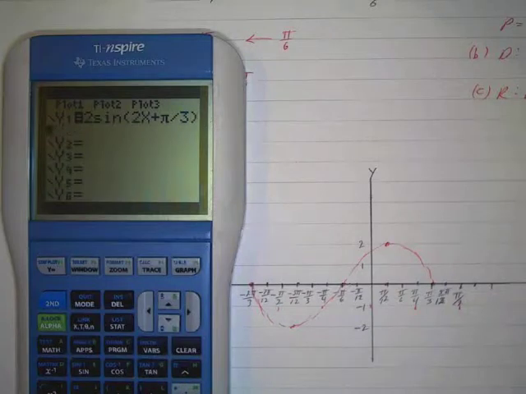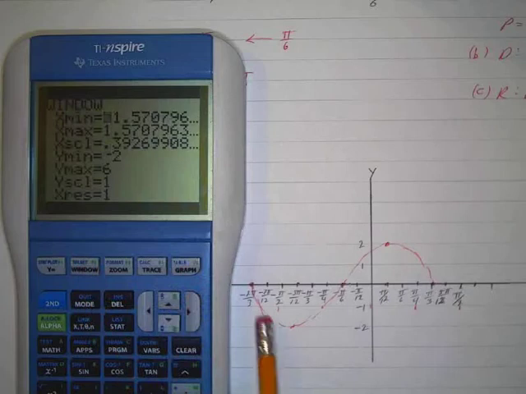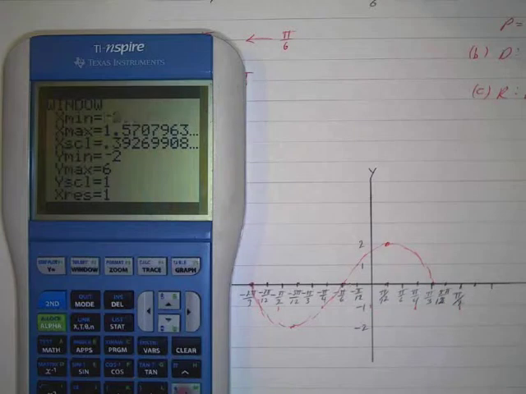And then our window. So it'll look pretty much like this. We'll make our window, although hopefully it did that, negative 2 pi over 3 minimum, negative 2 pi divided by 3.